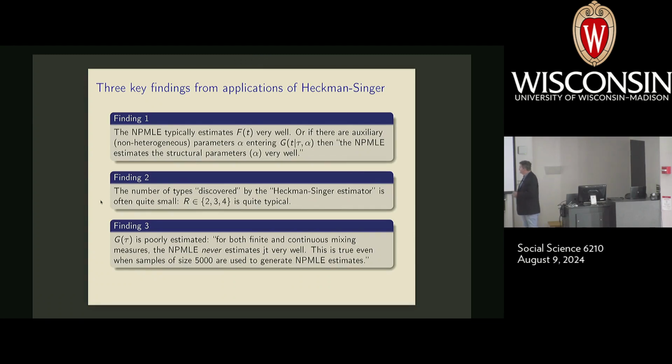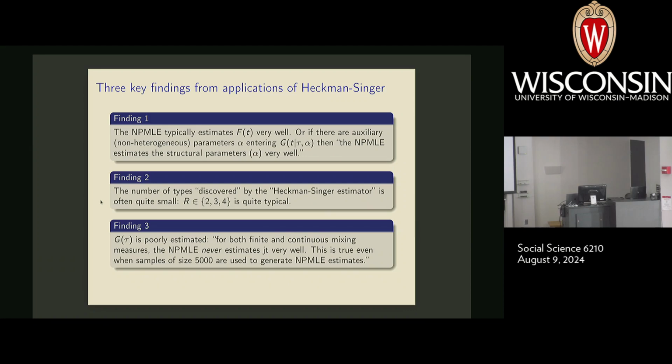Okay, now here's the three findings, and they were very much ahead of the ballgame back in 1984. The first is that the non-parametric MLE, as they call it, estimates F very well. So the population quantity is estimated, and if there are other auxiliary non-heterogeneous parameters, the non-parametric MLE estimates the structure, they call it the structural parameters, very well.